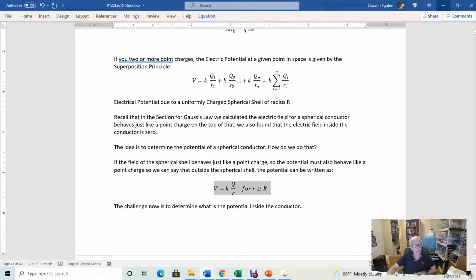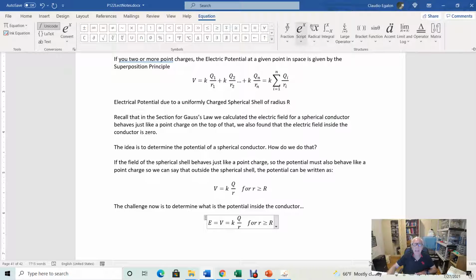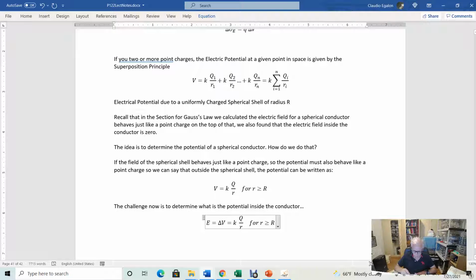That's the challenge. Mathematically, there is a relationship between the electric field and the electric potential, folks. Here you go, it's something like delta V over delta r.